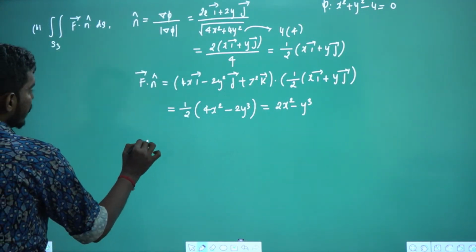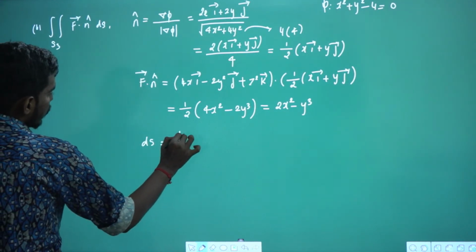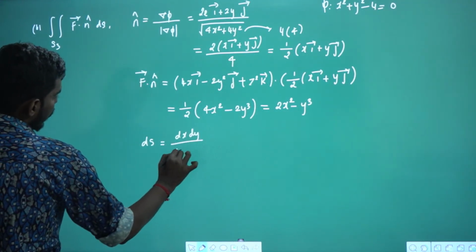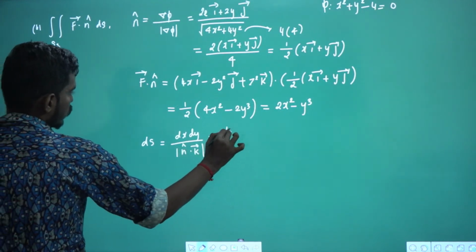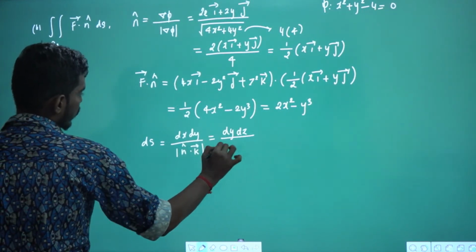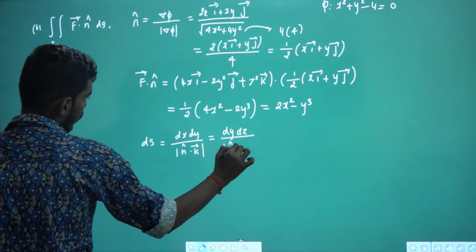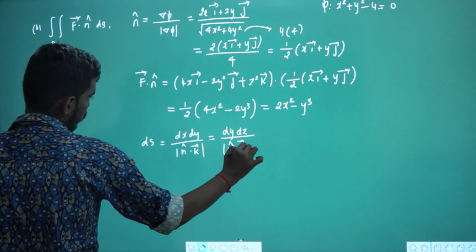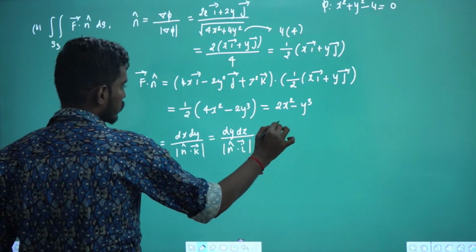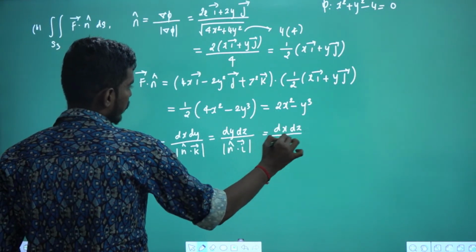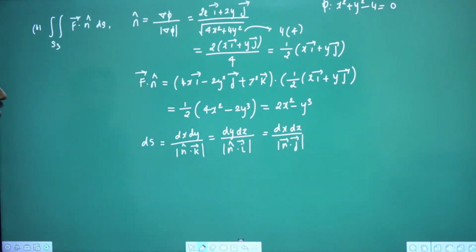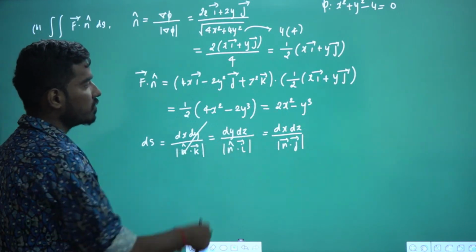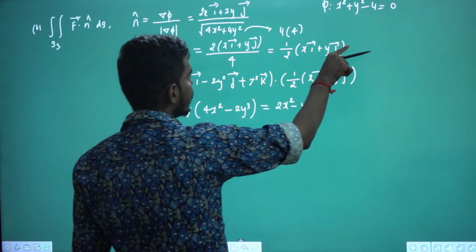Now you need to choose ds. ds can be dx dy by n cap dot k, or dy dz divided by n cap dot i vector, or dx dz divided by n cap dot j vector. You can choose anything, but here we will not choose the first, because n cap dot k will be 0, because in n cap there is no k.